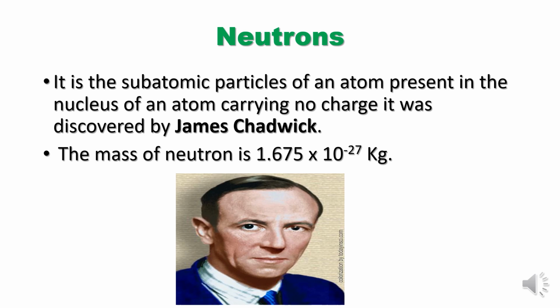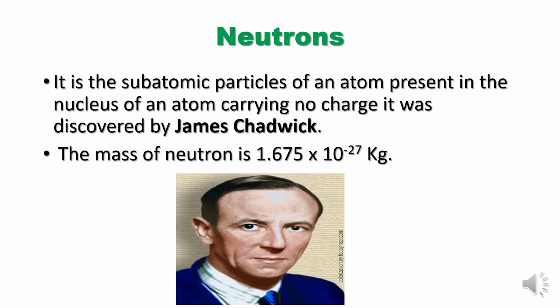Thus, how is a neutron defined? It is a fundamental particle present in the nucleus of an atom which carries a mass of 1.675 into 10 to the power of minus 27 kg, regarded as 1 unit mass, that is 1 u, and no charge, and its mass is almost equal to the mass of a proton.